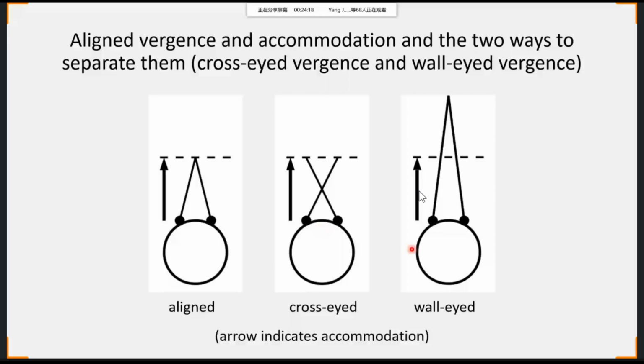Or you imagine to look at something that is behind your display. Then again, you have two images. For me, this works better, but it depends. Some people like this method more, others this. I usually use the cross-eyed method.